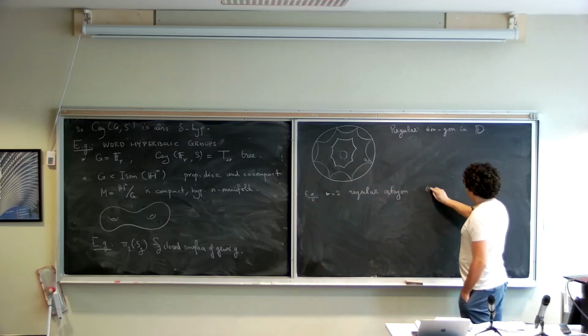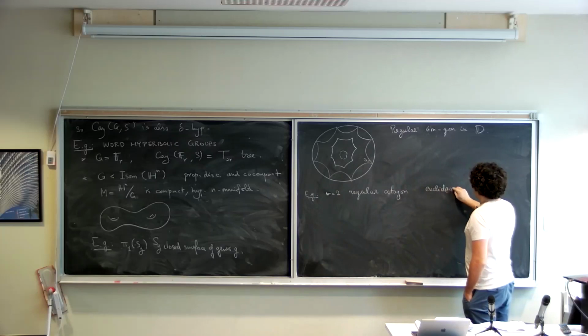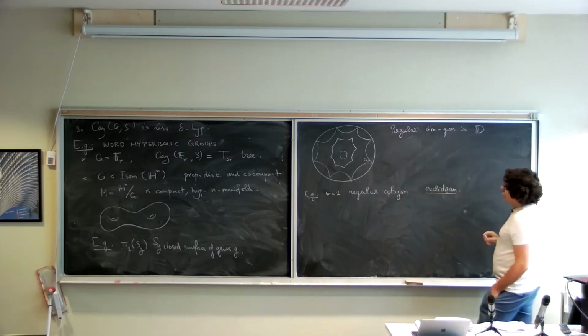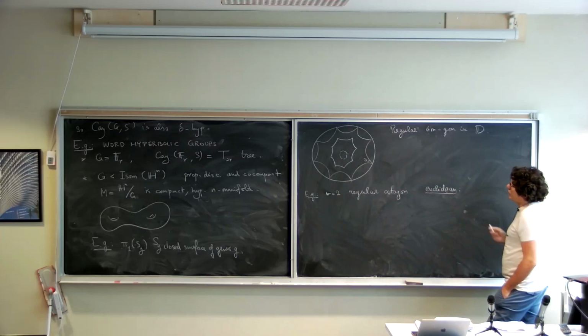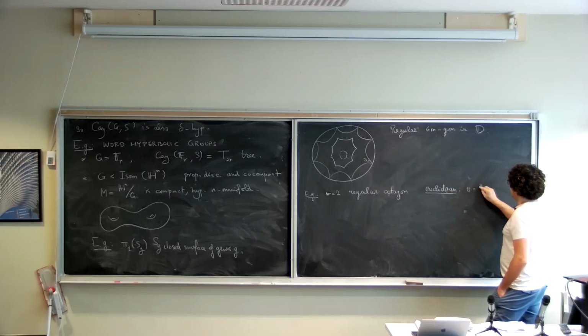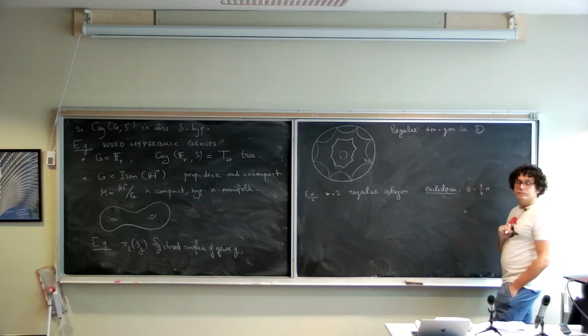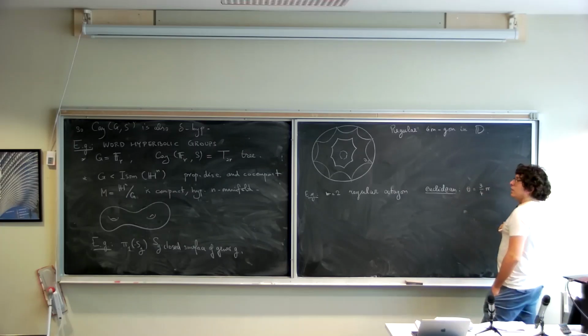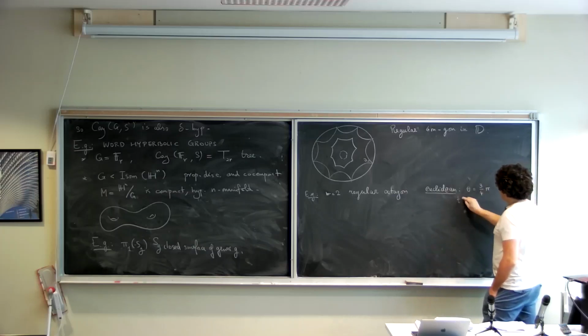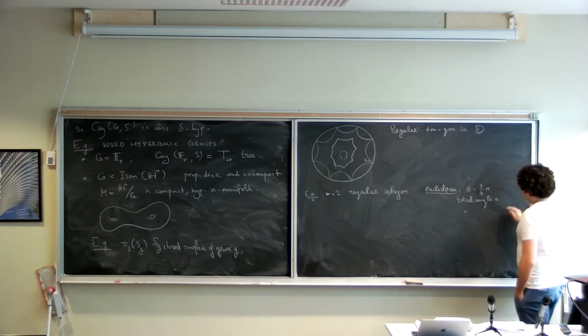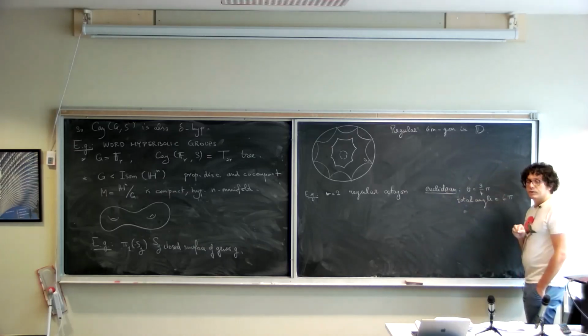So theta is 3/4 of pi. All right, I think so. So the total angle is 3/4 times 8, so it's 6 pi.